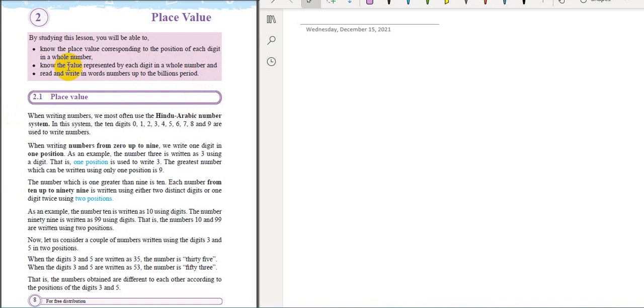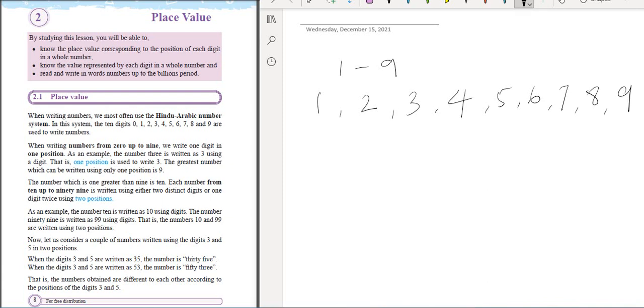First we will think about the place value. When we write numbers, we can write from 0 up to 9. When we write the numbers from 0 to 9, we take one position for each. For example, you see 1, 2, 3, 4, 5, 6, 7, 8, 9.